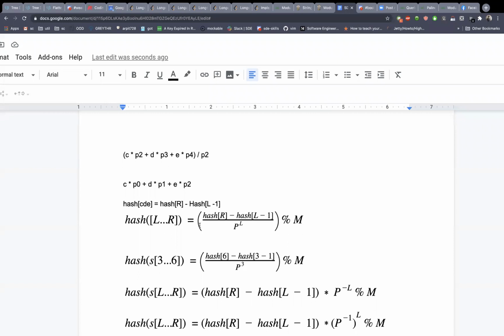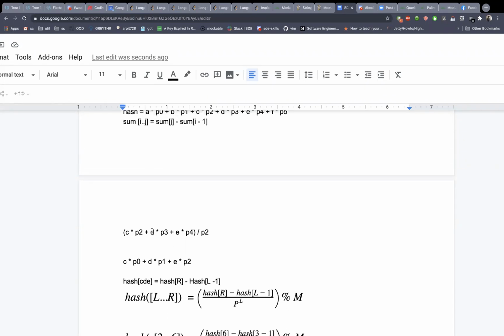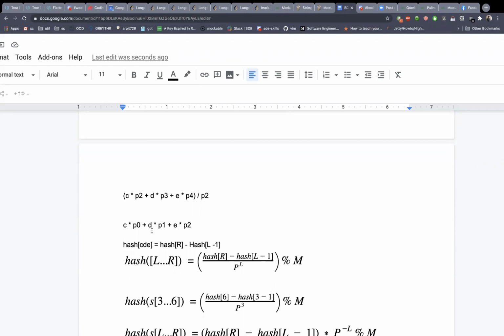When you pre-compute the hash, would it already create the overflow? Yeah, I'm coming to that part. If we assume for now that we can store the full value of hash without doing the modulo, then this formula will give us the answer and there will be no complication at all.